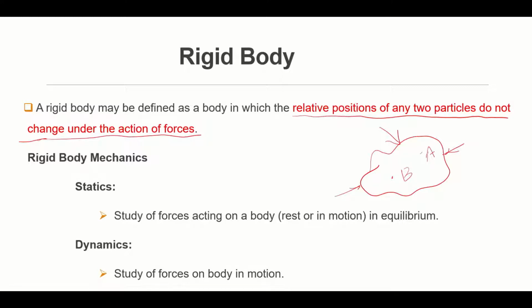Suppose after deformation the relative positions of A and B change, then definitely that body cannot be called a rigid body. Okay, so that is the definition of rigid body.